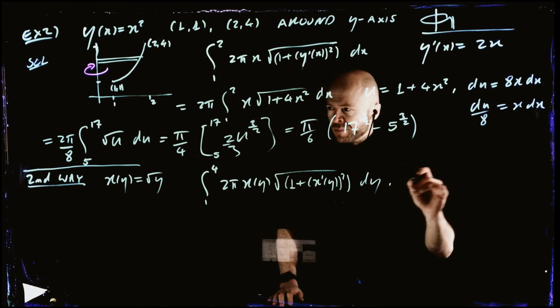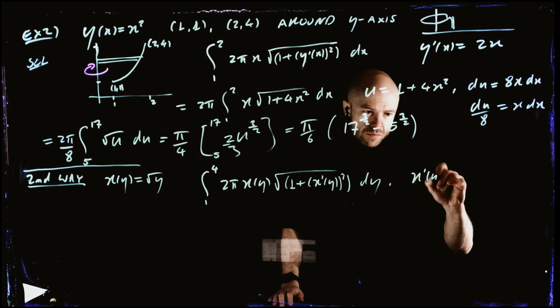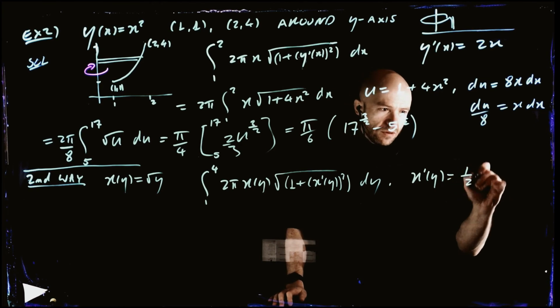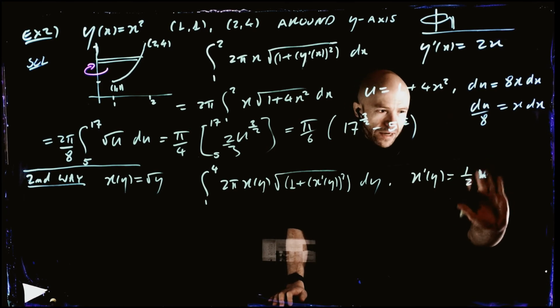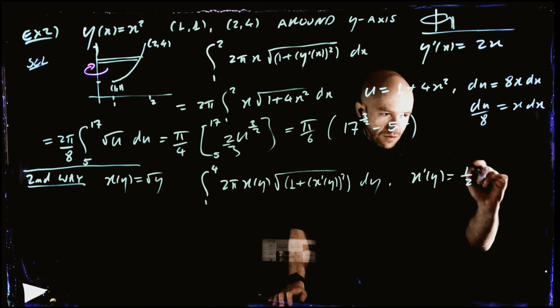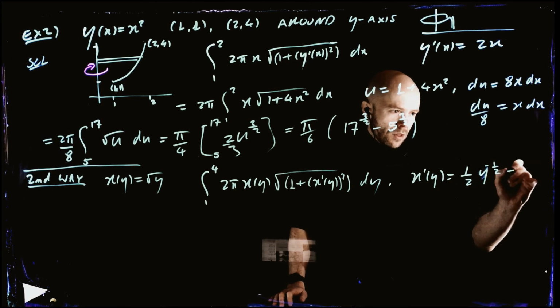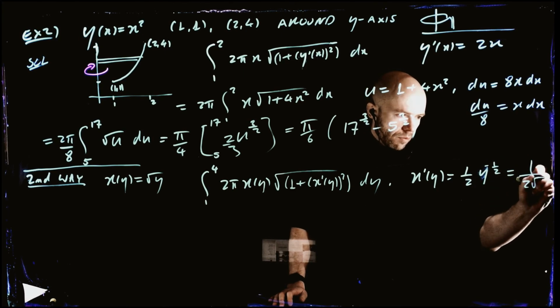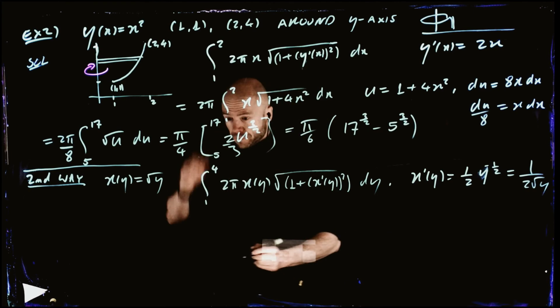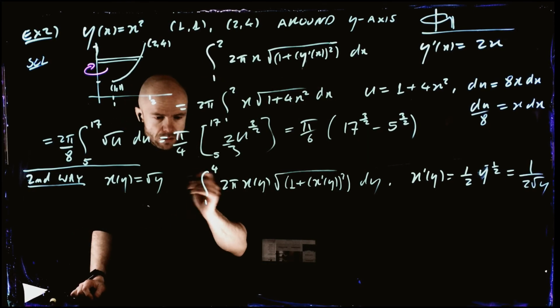So we have 1 over 2, y to the minus 1 over 2, which is 1 over 2 square root of y, like this. So then this thing, let's call this star.